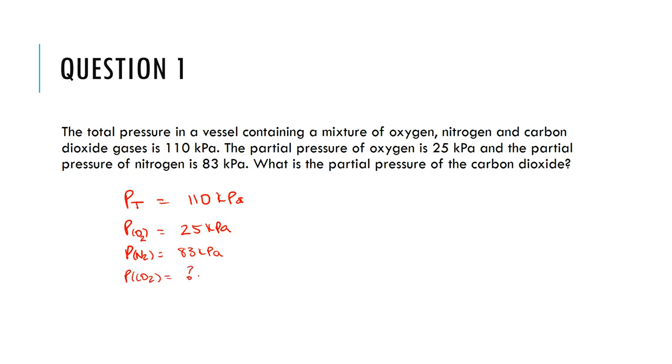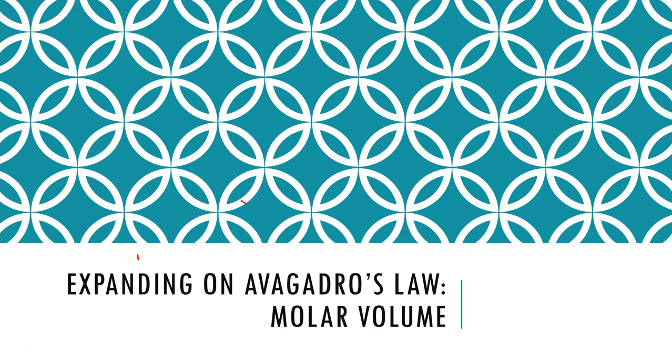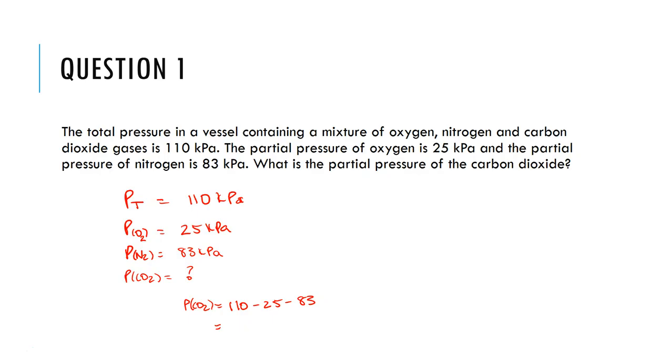Now if my total is 110, it makes sense that the pressure of CO2 is going to equal 110 minus 25 minus 83. If we do that, I get that CO2 is going to be 2.